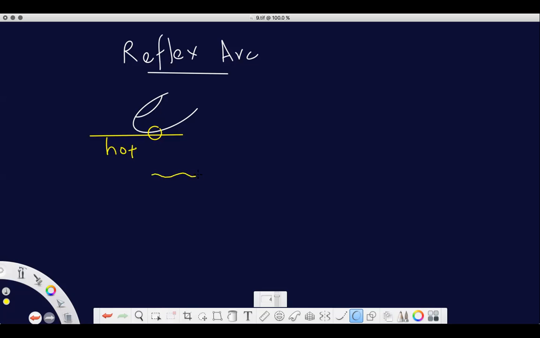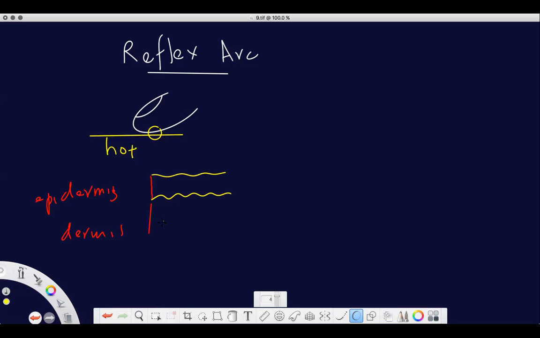Skin has a layer like this, and there's another layer like this. The first layer is very thin. We call it epidermis, and this layer is called dermis.